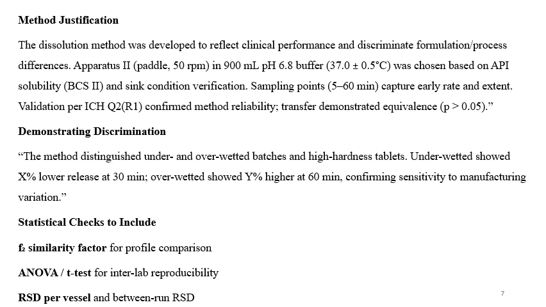Underweighted granule showed some extent of release at 30 minutes and overweighted shown some Y% higher at the 60-minute, confirming sensitivity to the manufacturing variation. See, always discriminatory power is required to be shown on the QC method because you are testing the batches which are going in the market through the QC method.